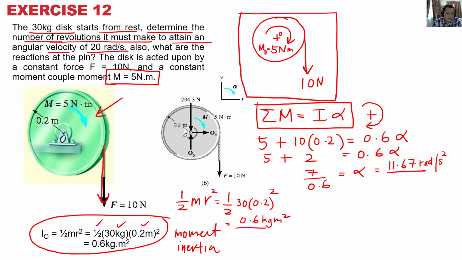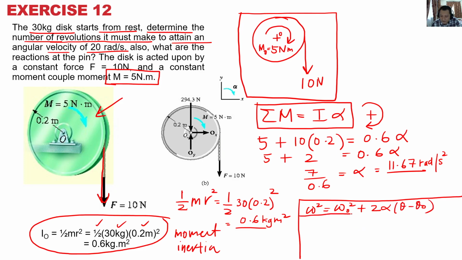How many revolutions must it make to attain 20 radian per second? You can use the third formula: omega squared is equal to omega naught squared plus 2 alpha times theta minus theta naught.